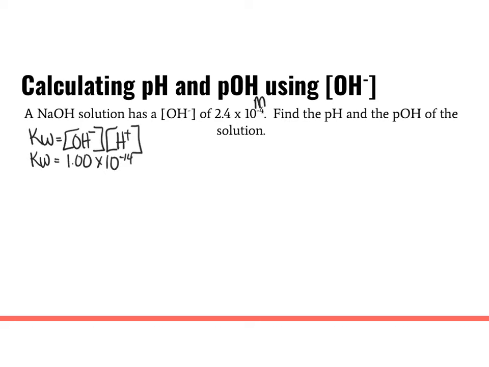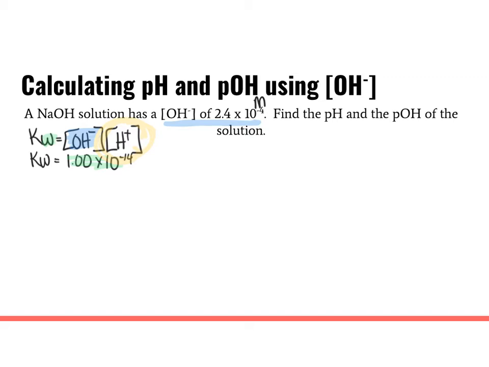So what we have here is, we are given the OH, so we're given this value. We also have this value right here, so we can just rearrange and then we can calculate what we're looking for. Okay, once we have this value, we can also go through and we can calculate pH.